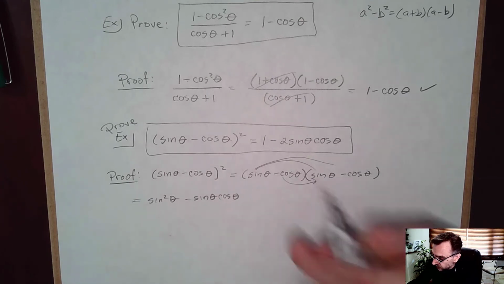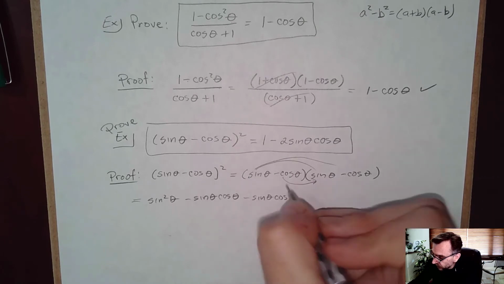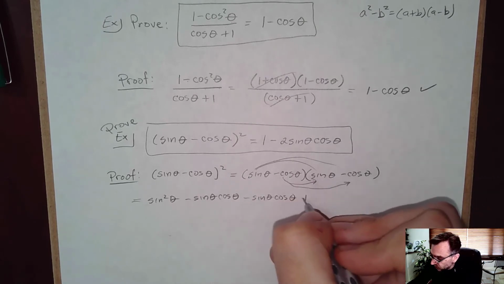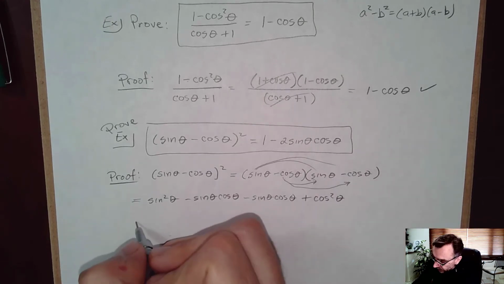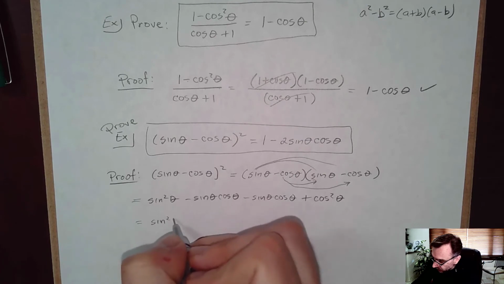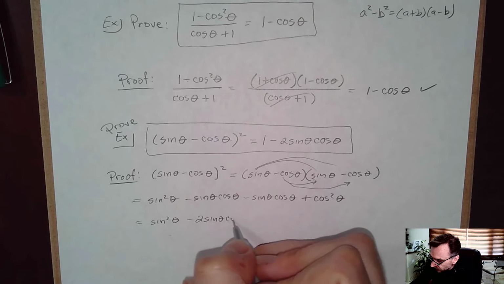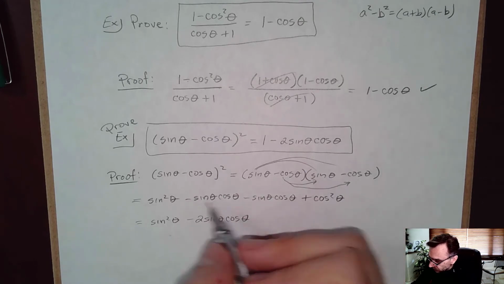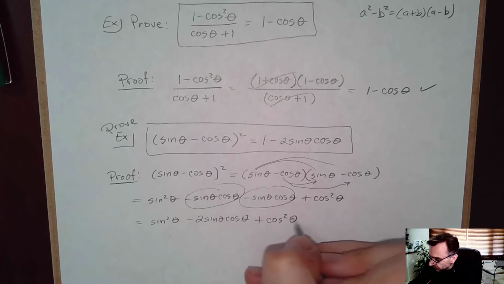Right? And then this one times this one is minus sine theta cosine theta. And then this one times this one is plus cosine squared theta. Right? So I FOILed that out. And then at this point, I have sine squared theta minus 2 sine theta cosine theta. Right? There's two of these. These are like terms. And then plus cosine squared theta.